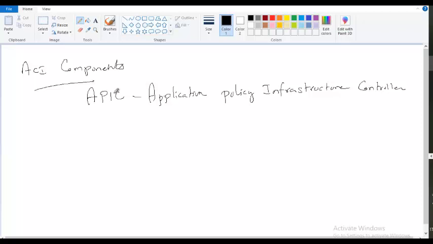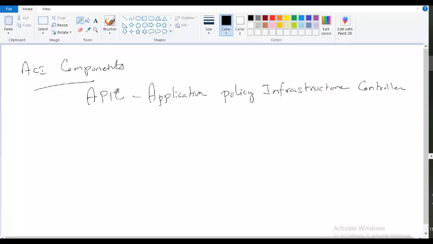The brain. Likewise, if any data needs to be sent, it's not sent to APIC. The end device sends to leaf. When leaf receives the data, APIC has already told the leaf what needs to be done with the packet that comes in. Fine. More about it, we'll talk about later.